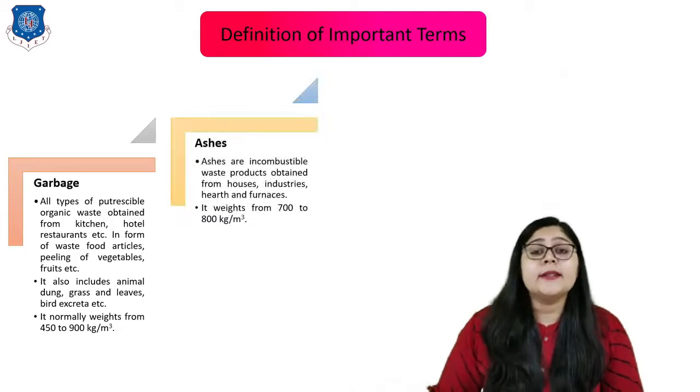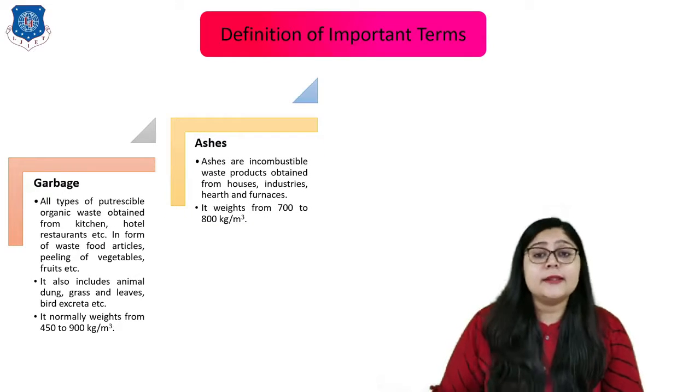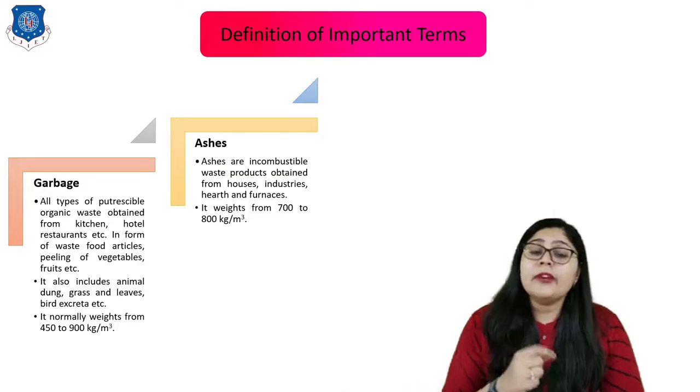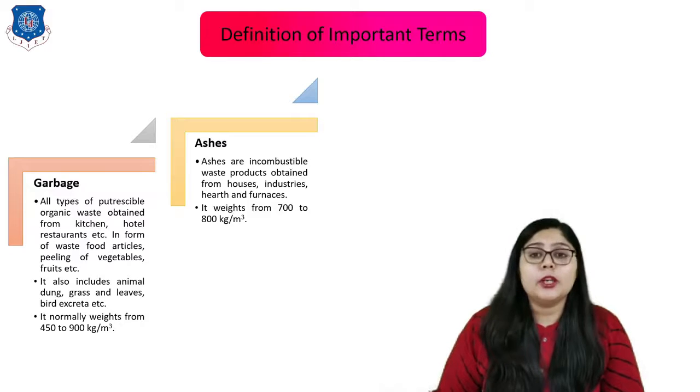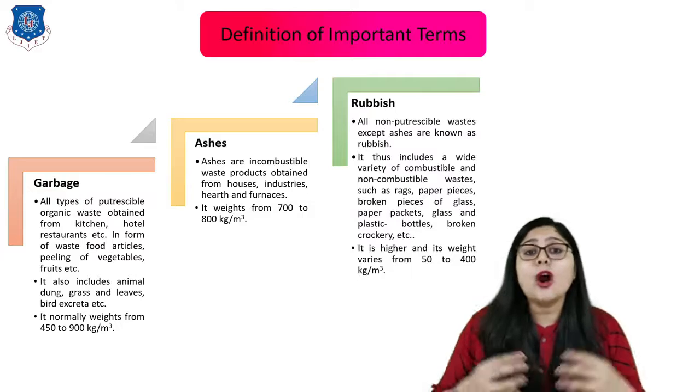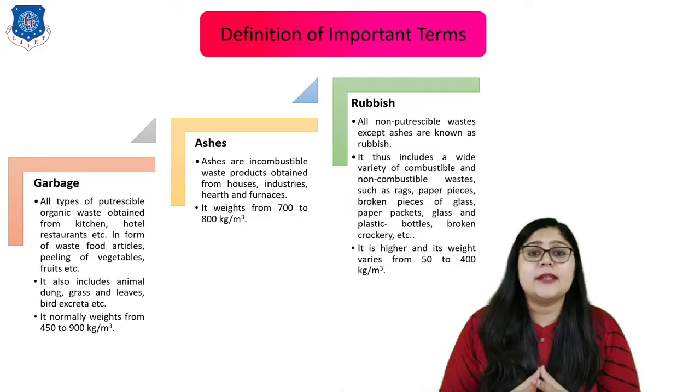Now let us see the next term, which is ashes. Ashes are incombustible waste products obtained from houses, industries, hearths and furnaces. They weigh from 700 to 800 kg per cubic meter. And lastly, the concept of rubbish. It means all non-putrescible waste except ashes.